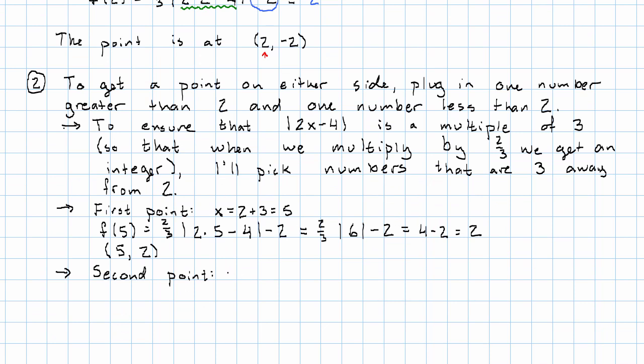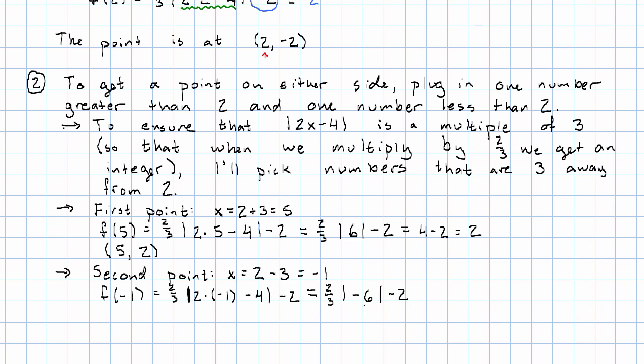For my second point, I'll use x is 2 minus 3 is negative 1. So f of negative 1, that's 2/3 times the absolute value of 2 times negative 1 minus 4, minus 2. That works out to negative 6 inside, minus 2.